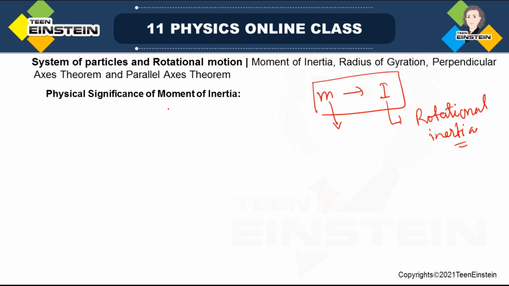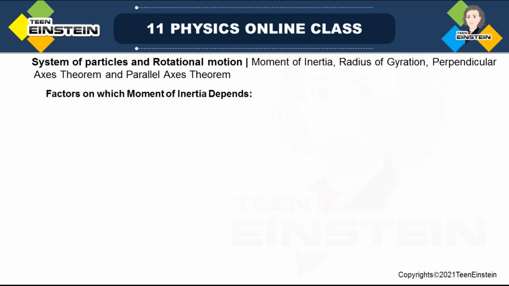Now we'll see on which factors moment of inertia depends. So we will write the definition here, summation of Mi ri square, so that we can get some idea. Naturally, from here the first factor is the mass of the body.